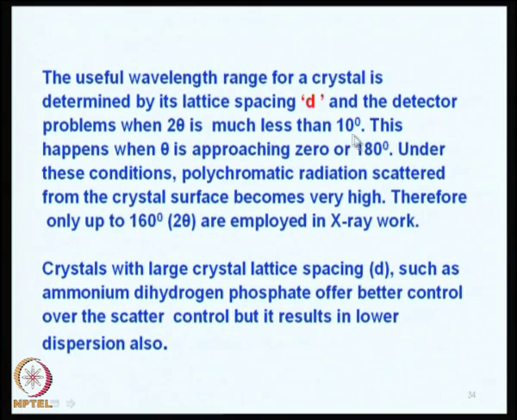The useful wavelength range for a crystal is determined by its lattice spacing d, that is n lambda is equal to 2 d sin theta. d corresponds to the lattice spacing, the spacing in between two atoms.